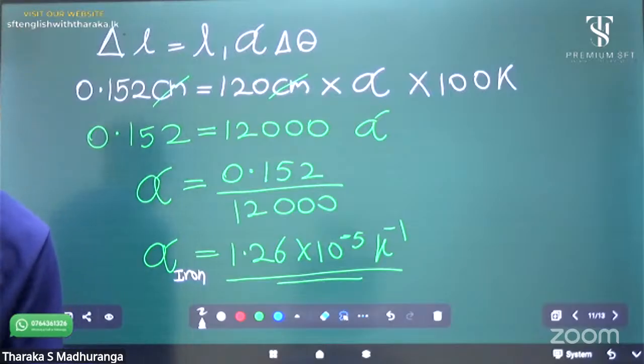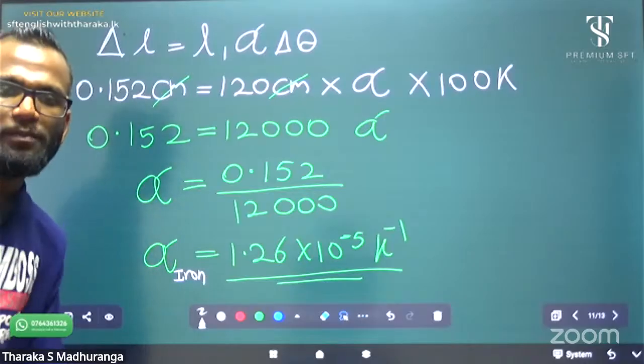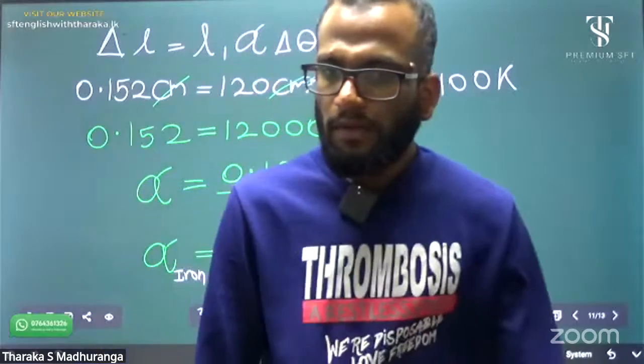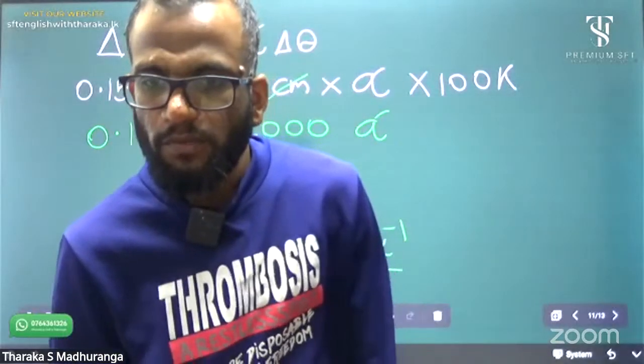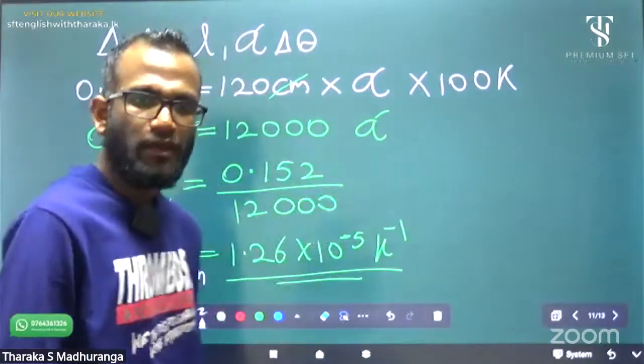It's 2 times: 2.52 into 10 to the power minus 5.